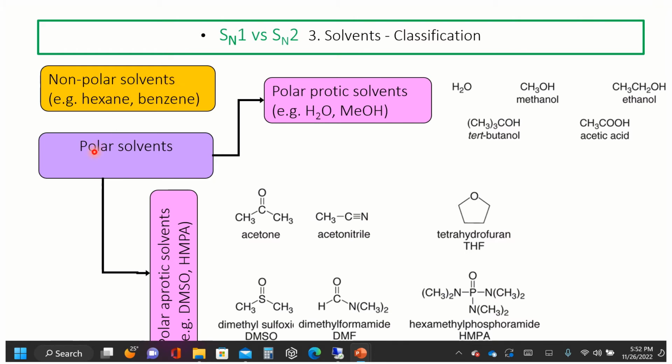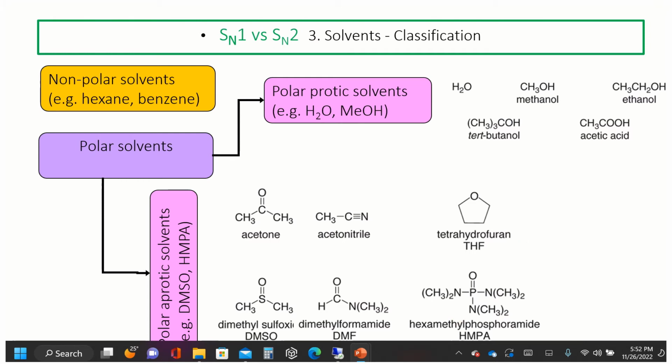But in the case of SN2, we need an aprotic species. If you note here, in none of these cases, DMSO, DMF, THF, acetone, acetonitrile, are there labile protons. There are no protons I can remove to form a stable conjugate base. And so these are aprotic.